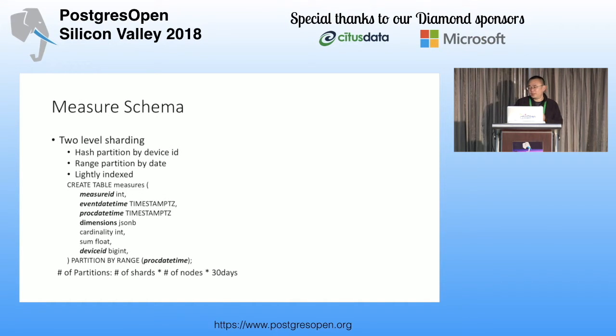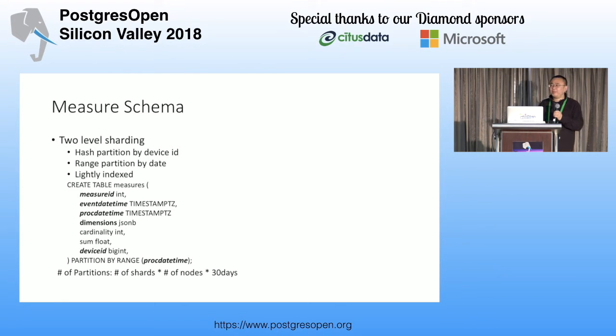So I think that's enough about the database cluster. I'll dive into the schema a bit. Here's a simplified version of the measure schema. I show this just to give me a basis to talk about the queries afterwards. It has a measure ID, because every query says, okay, where measure ID equals something. And as you can see, it has 2 timestamps.